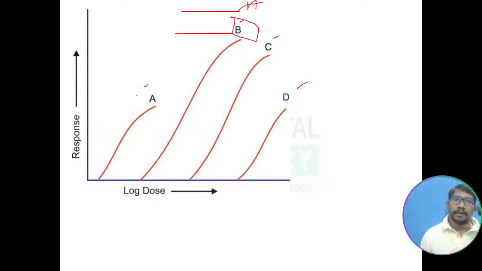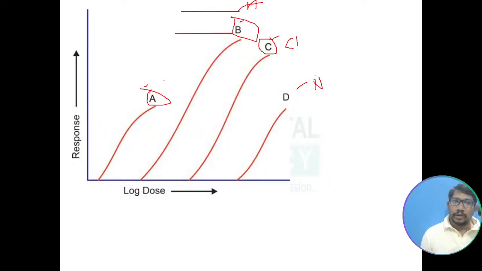Then drug A will be more potent. Drug C will be a competitive inhibitor, and drug D is a non-competitive inhibitor.